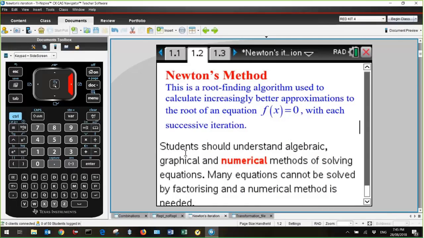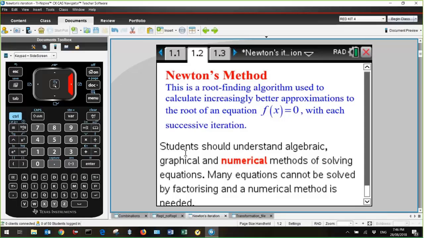So why is this on the Victorian syllabus? Well, I suspect the reason is that students should have an understanding of algebraic, graphical and numerical methods of solving equations, and realise that many equations cannot be solved by factorising and using the null factor law.